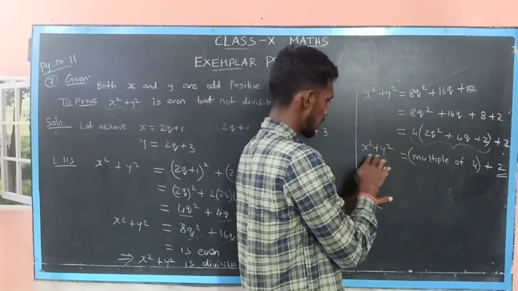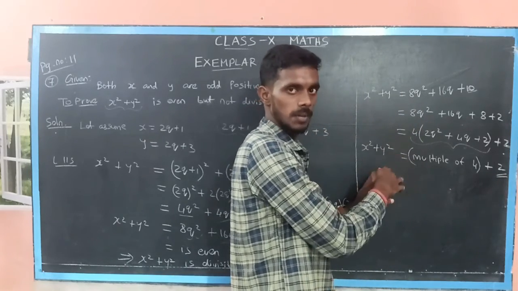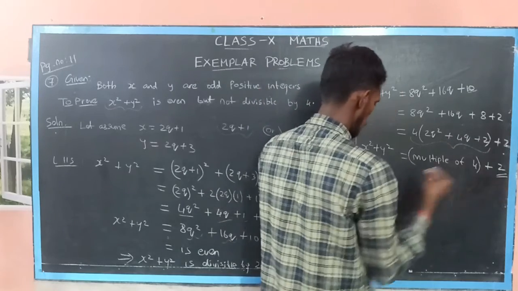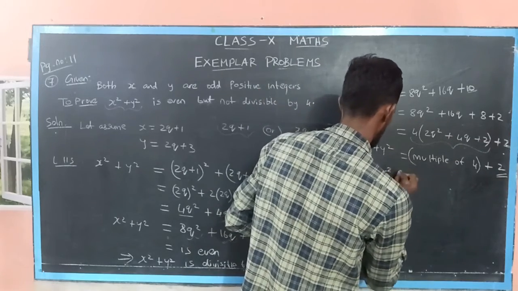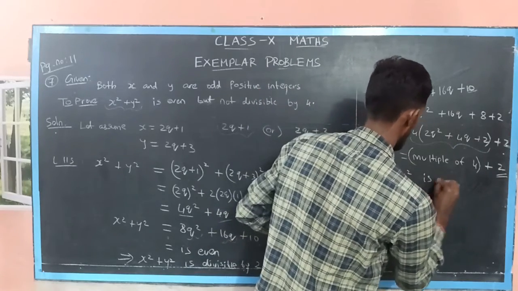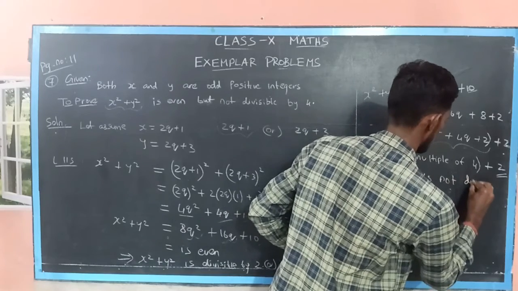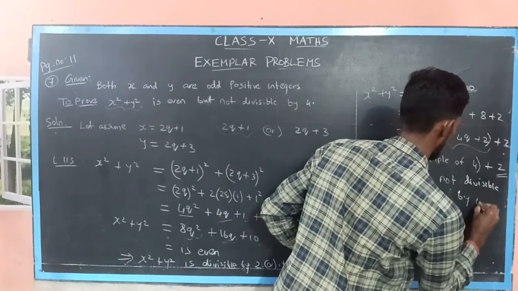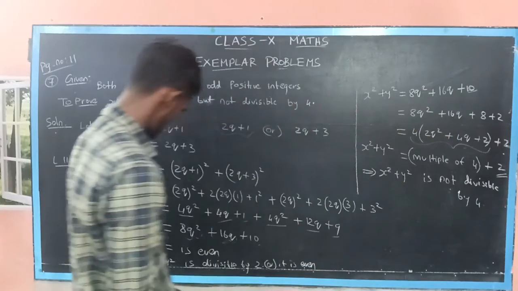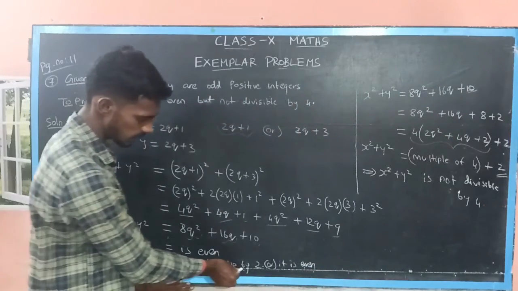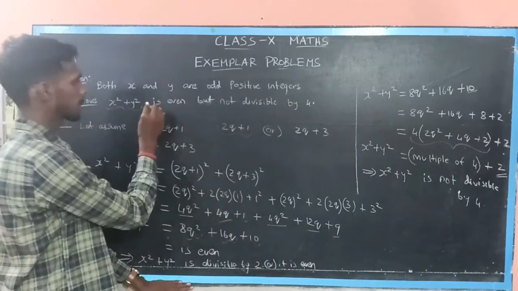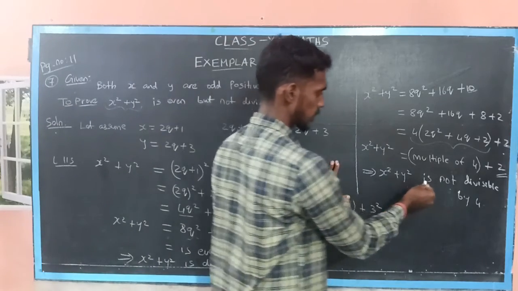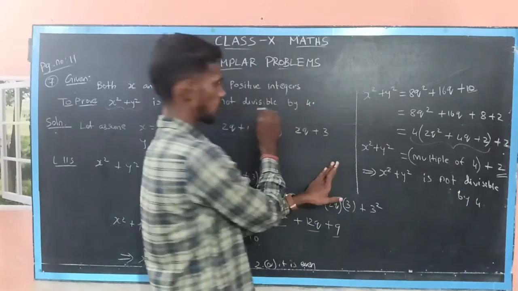So x square plus y square is not divisible by 4 because it leaves the remainder 2. Here I can conclude x square plus y square is not divisible by 4. So these are the conclusions. x square plus y square is divisible by 2 or it is even, then x square plus y square is not divisible by 4. Okay.